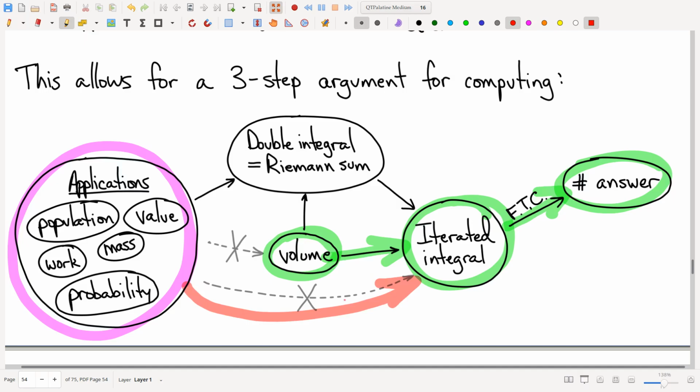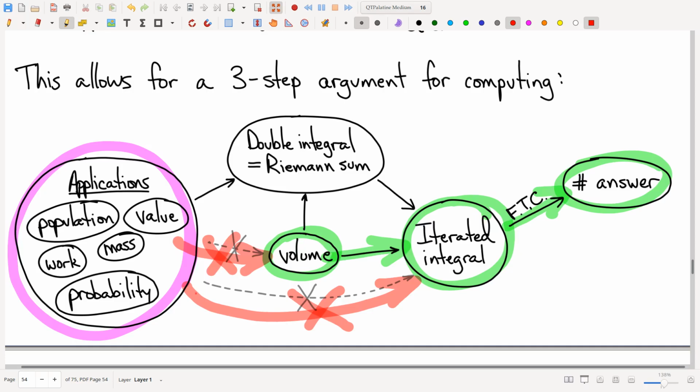You can't just immediately argue that mass is an iterated integral. As you try to make that argument, the units don't work out. You're bringing up quantities that we don't know what they are. We have no intuition for how they behave. And then you're making claims about them. It's not a clear argument. And of course, mass is not, in fact, just volume. So those we can't do.